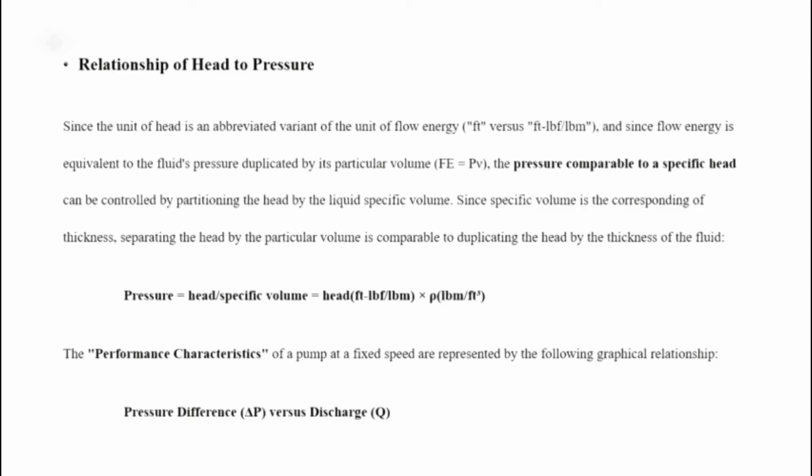And since specific volume is the reciprocal of density, dividing the head by the specific volume is equivalent to multiplying the head by the density of the fluid. And the performance characteristic of a pump at a fixed speed is represented by the following graphical relationship: the pressure difference versus discharge.